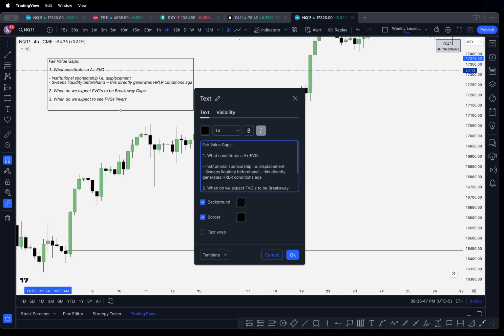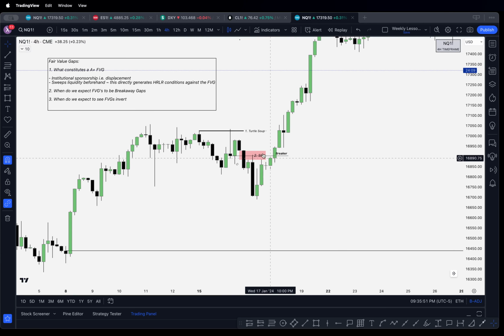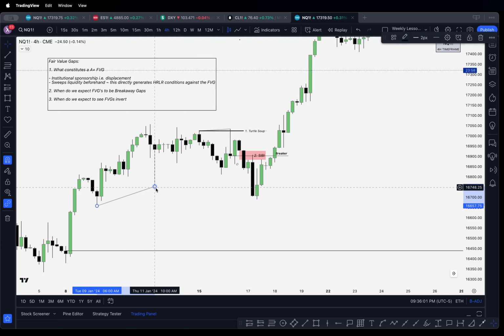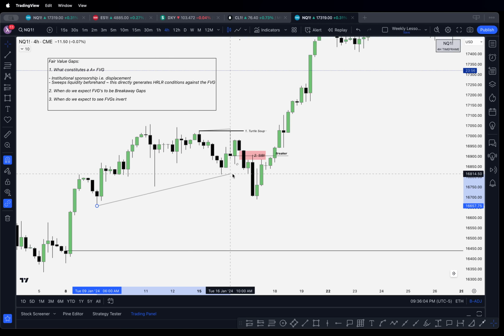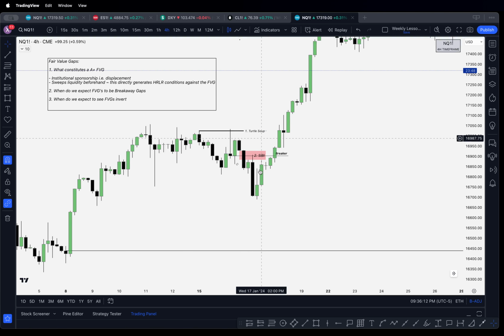Does everyone understand that statement? In the direction against the FVG, we have directly generated HRLR. Make sense? Correct. HRLR is right in there, whereas to the sell side in this case we have LRLR, right? So this generates that HRLR condition, which is good because it protects price from wanting to come back into that fair value gap.